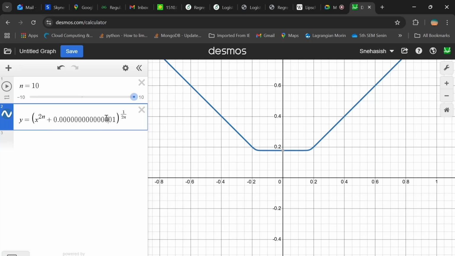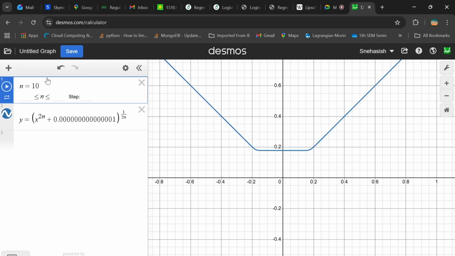So n can be an arbitrarily large number. For example, n can be something like 100, for instance. Or you can try with 19 or something.